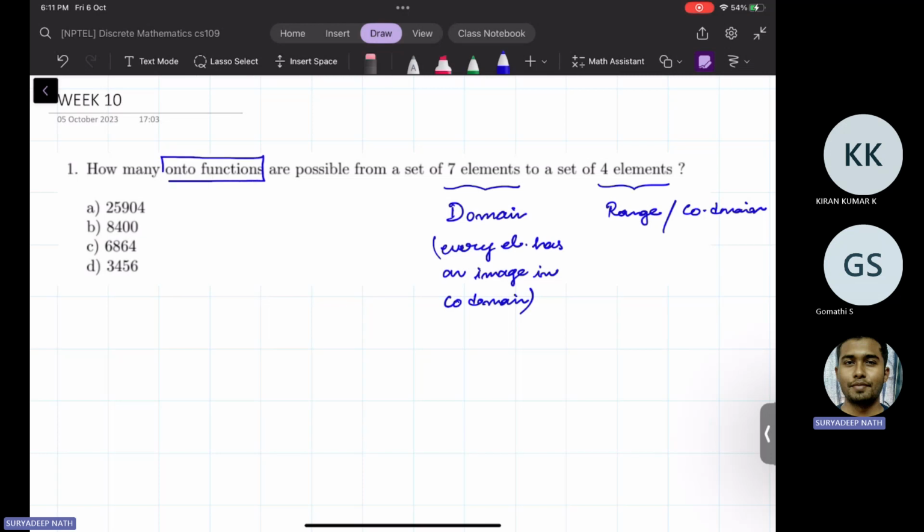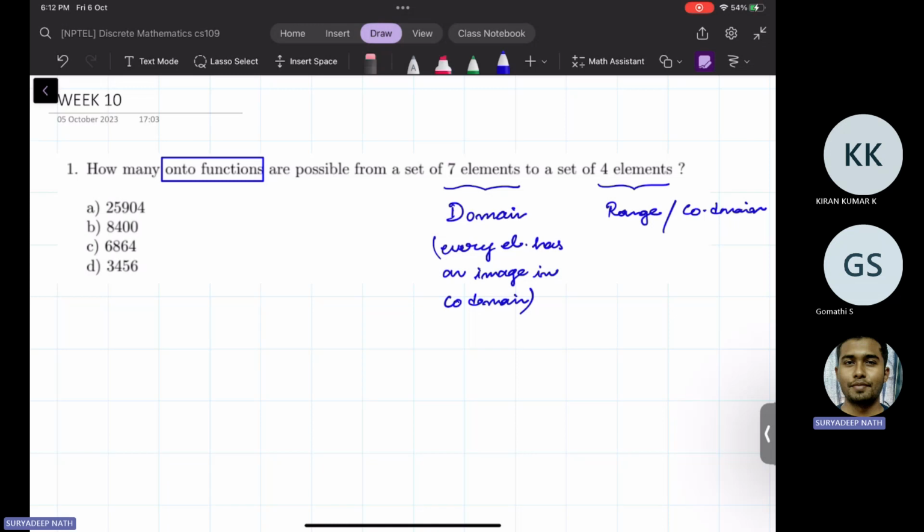You have studied onto functions in previous lectures, so can anyone just recall what onto functions are? Anyone? Every domain element has an image.